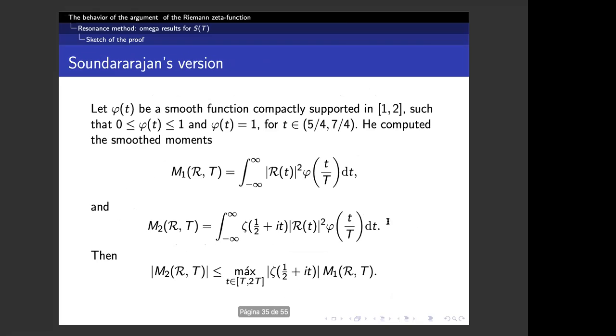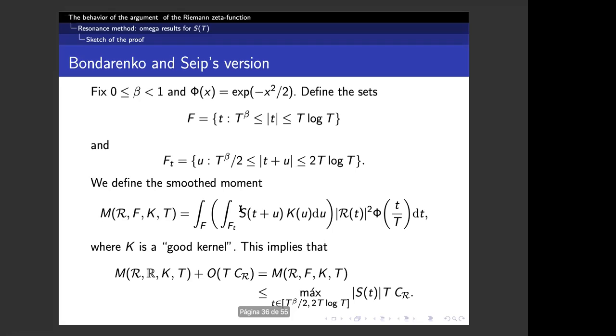It's similar to the result of Soundararajan in this part. The difference is that he's changing this function here with this integral here. K will be a good kernel. Now we will assume that K is a good kernel. Later I will say which kernel Bondarenko and Seip used to establish the result.